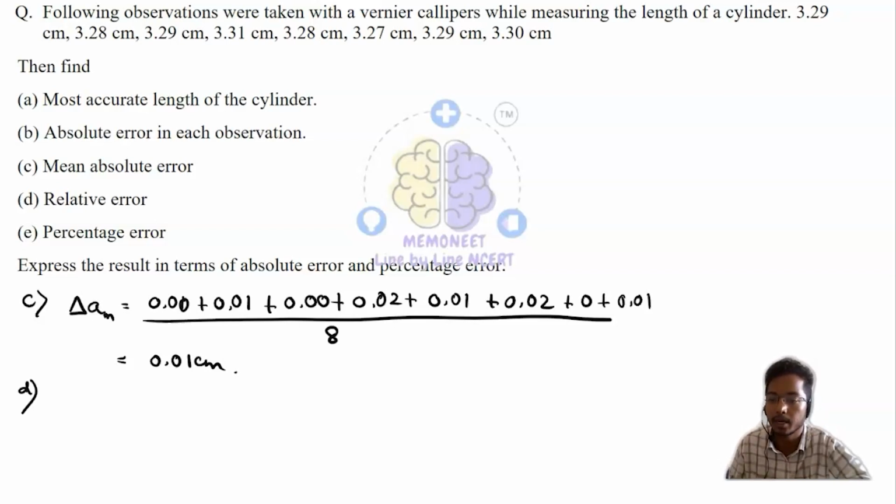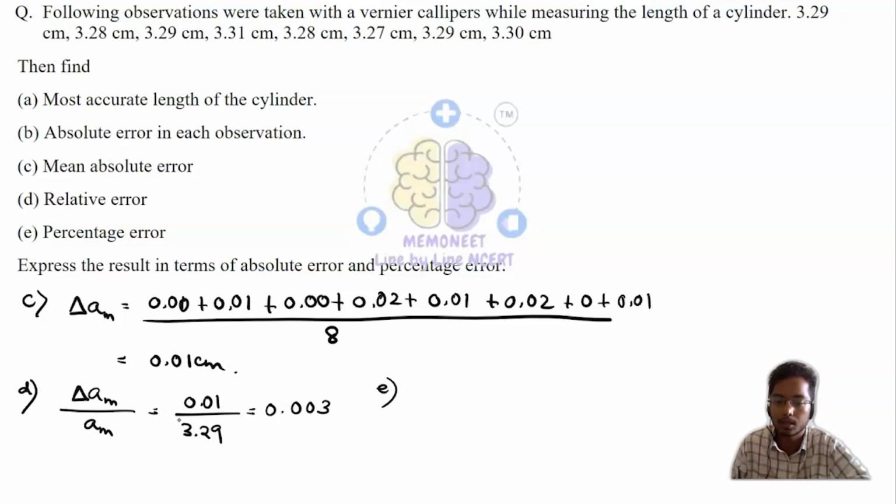Then the relative error. Relative error is del A mean upon the mean value A. So this will equal 0.01 upon the mean value, which comes to be 3.29. If we find it out, it is equal to 0.003. And the last one, the percentage error, is this relative error into 100.